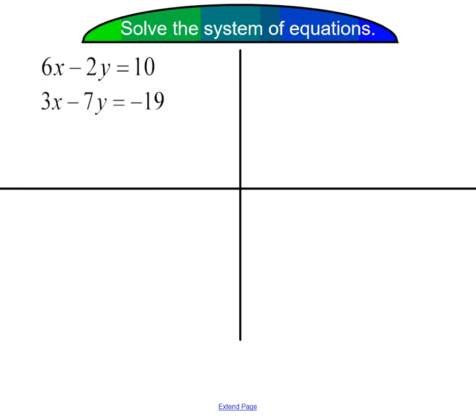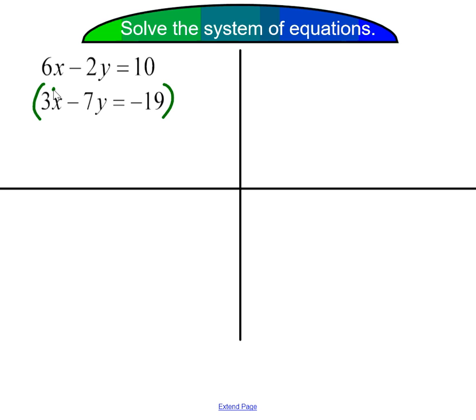This problem, once again, no variables are going to cancel out if I added them together. So I want to get one of the variables to cancel out. I notice that I can multiply the second equation by a number to get that to be the opposite of 6. This variable is going to be easy to make the opposite of 6.